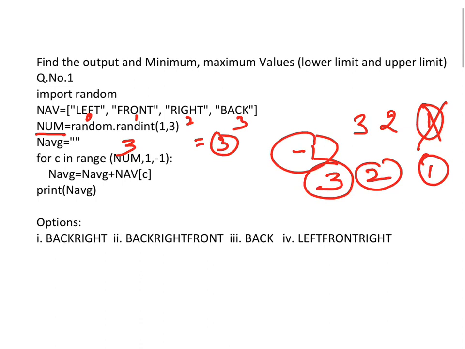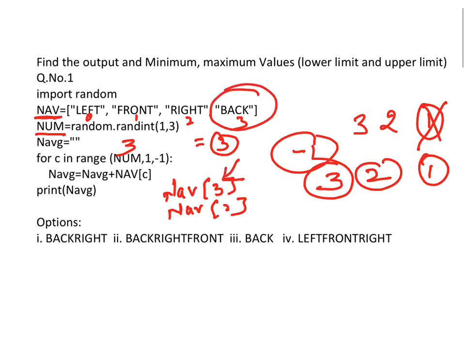Now what will be the value of C? Here you can see nav[3] first and second nav[2]. Now here we are giving the address 3. You can see at the third place you have BACK. So BACK is given there.